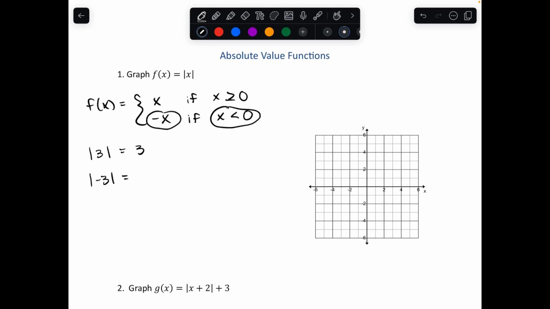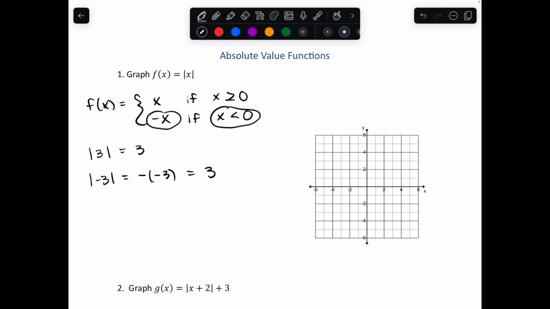And we can see that negative 3 is less than 0, so we're going to do a negative of that number. As in, we're going to do negative negative 3. But if I have two negatives, they're going to cancel each other out, and it's going to end up being a positive. So we're left with positive 3. So the absolute value of positive 3 is positive 3, and the absolute value of negative 3 is positive 3.